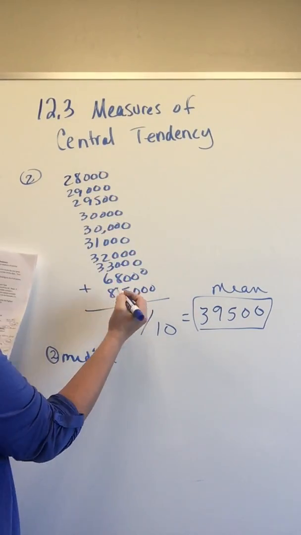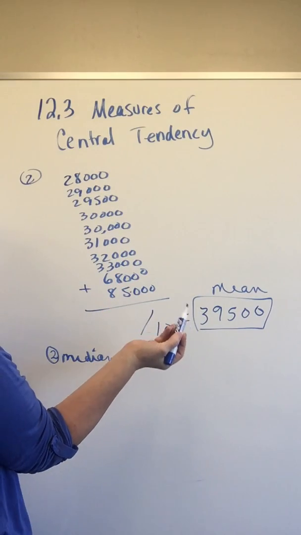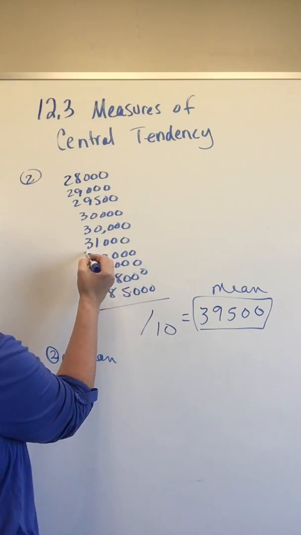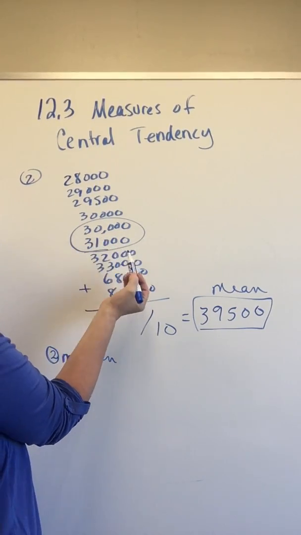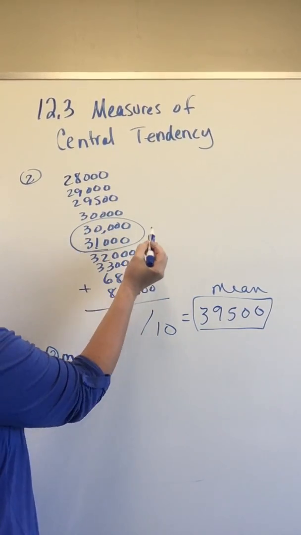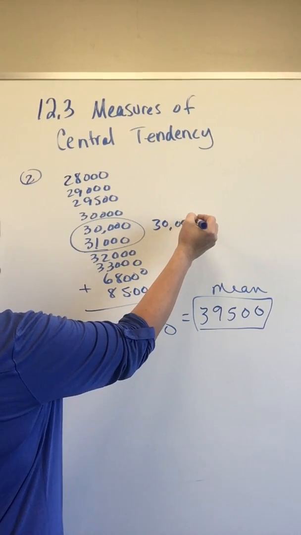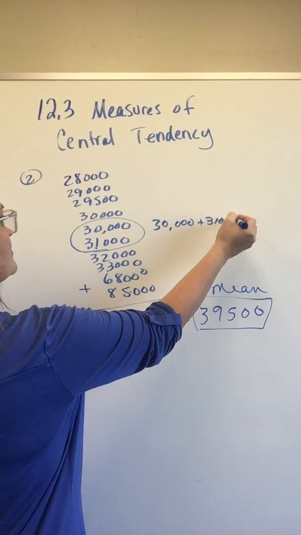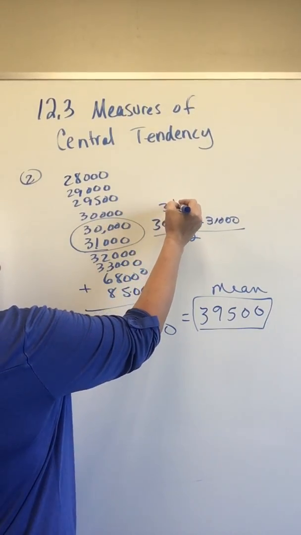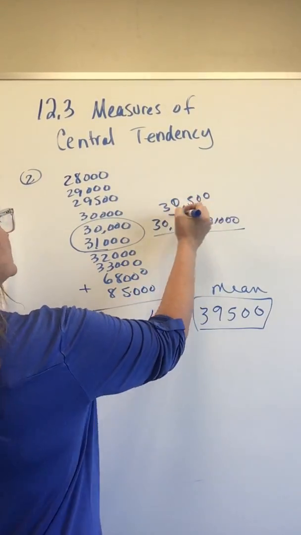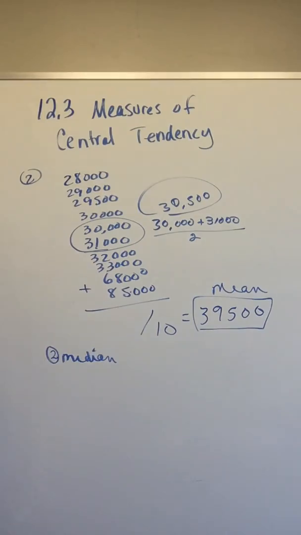I wrote them in order here. Again, there's 10 numbers, so there's no true middle. So we have to average the 2 in the middle, or find the middle of the middle. Between 30,000 and 31,000, you could add those and half it, or you might just know what's between 30,000 and 31,000 is 30,500. So that's your median.